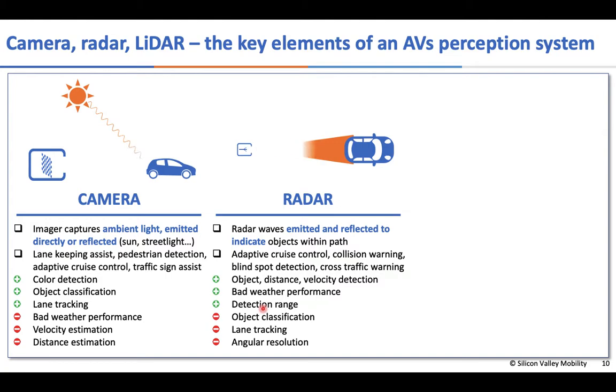And so it gets very good information of where an object is, but not so much what kind of object it is, and where the lanes are doesn't get you much. And angular resolution basically means it knows that something is within this fan, but is it straight forward or 3 degrees to the side? It doesn't really know, and obviously it makes a big difference if something is 100, 200, 300 feet out from the vehicle.